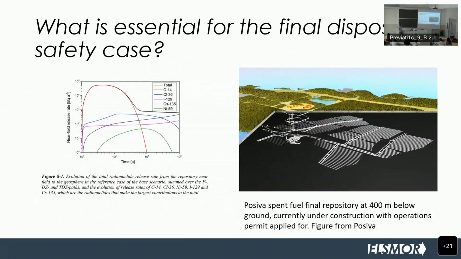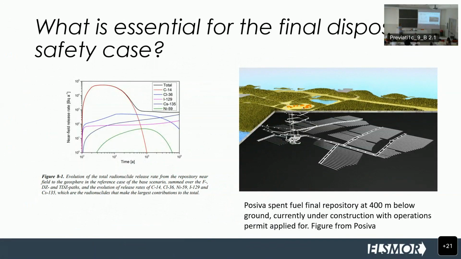Yesterday there was a discussion: for SMR fuel, if there are more actinides like plutonium, what's the final effect on the final disposal case?